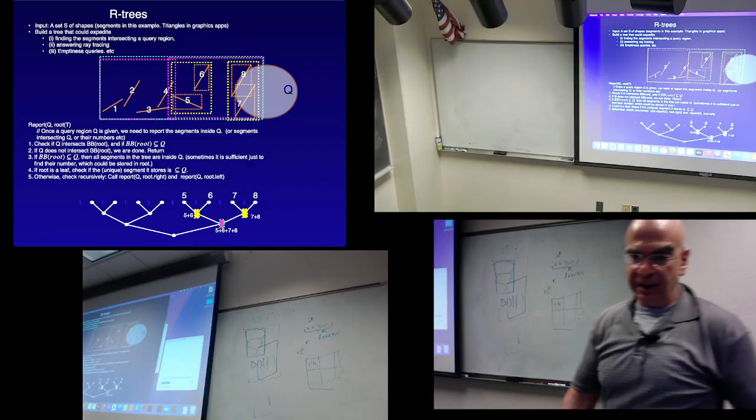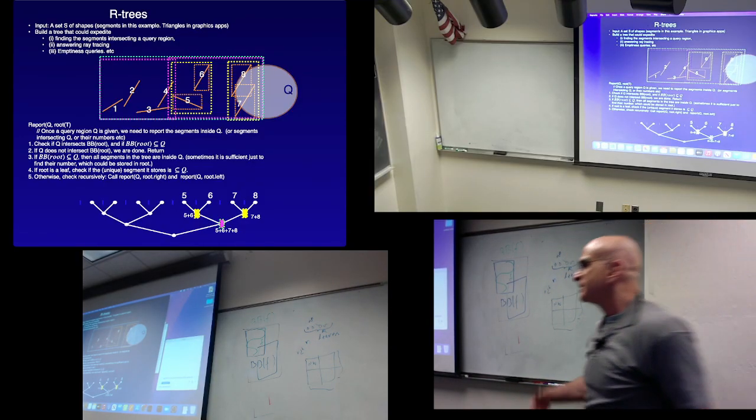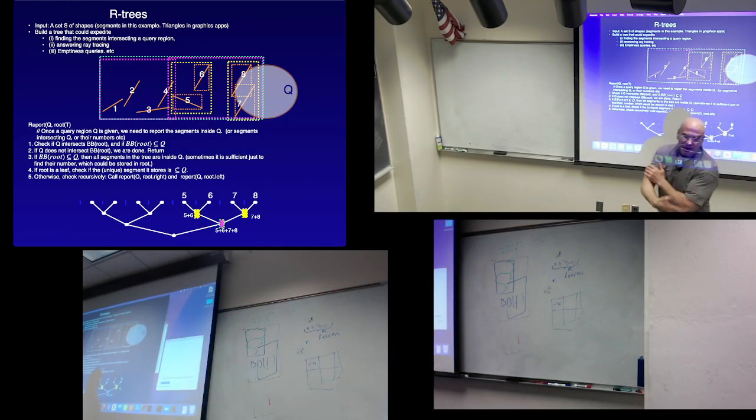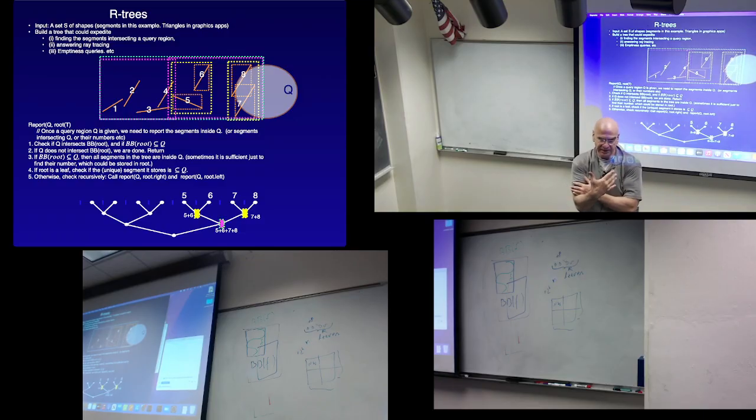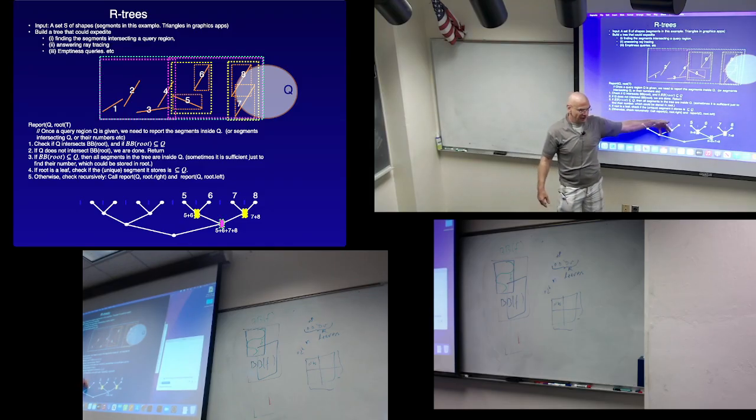Nevertheless, R trees are extremely useful, both for finding nearest neighbors, for finding who is around me, and for finding geometrical data that is more complicated than just points, like objects or robot parts. Yes, sir? Do the line segments have to be ordered left to right? No, I just highlighted it so I'll know how to merge.